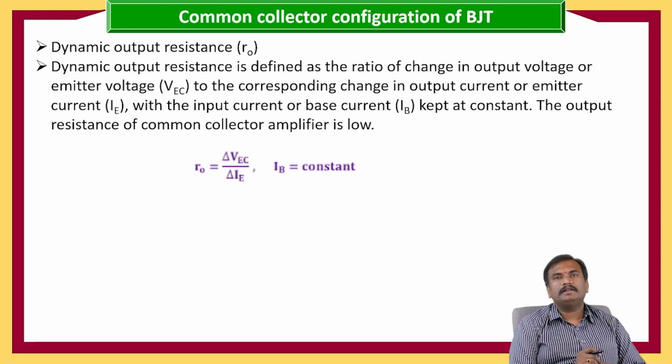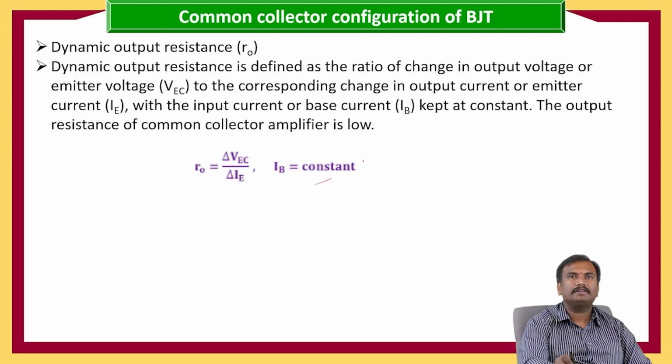We take the output voltage and output current into consideration while calculating the output resistance. Here we consider the change in output voltage and correspondingly the change in output current, and we keep IB constant.